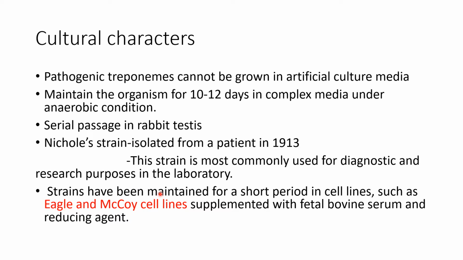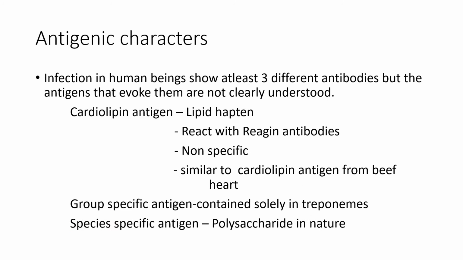So you need to add a lot of complex components to maintain this organism in the laboratory. They are not easily cultivable. They cannot be grown in artificial culture media. They can be maintained in rabbit testis. So all these constraints are there when we talk about growing Treponema in the laboratory.